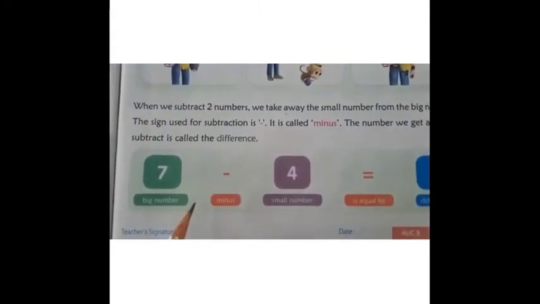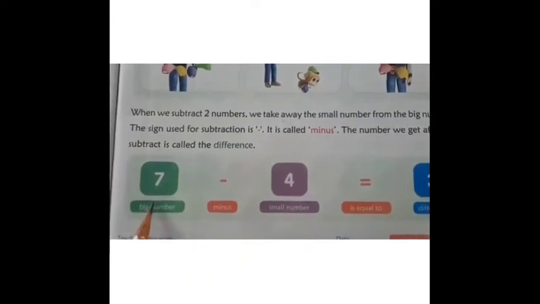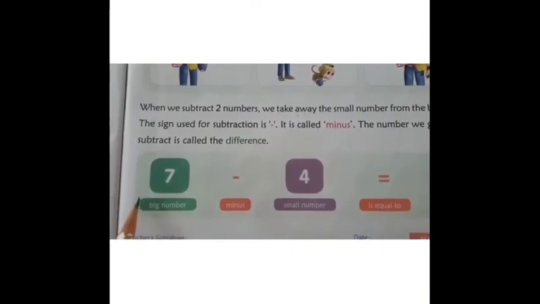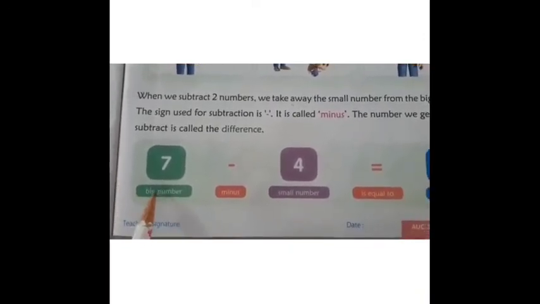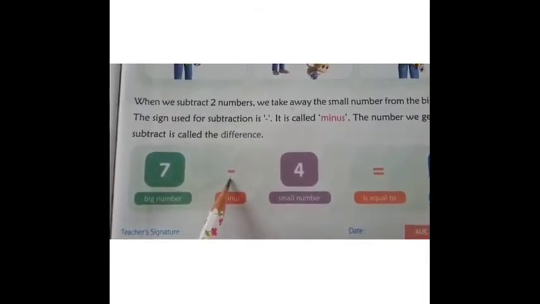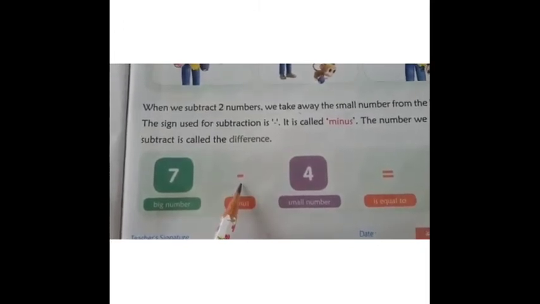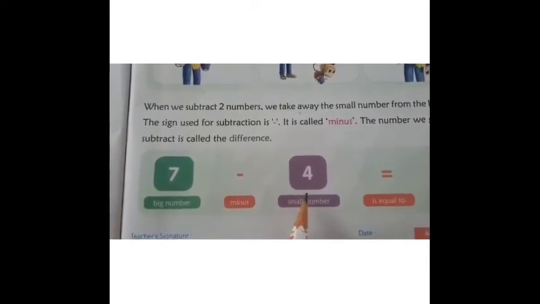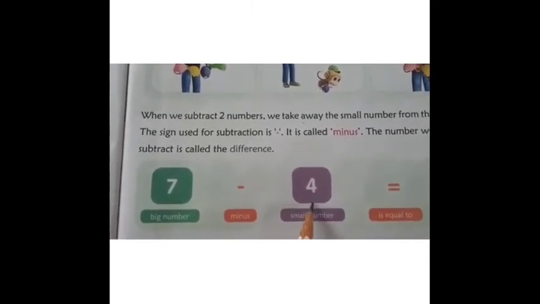Children, now let us see an example. Look at the first number. 7 is the big number. Next, children, this sign is used for subtraction. Children, it is called minus. Next, now look at the second number. The number is 4.